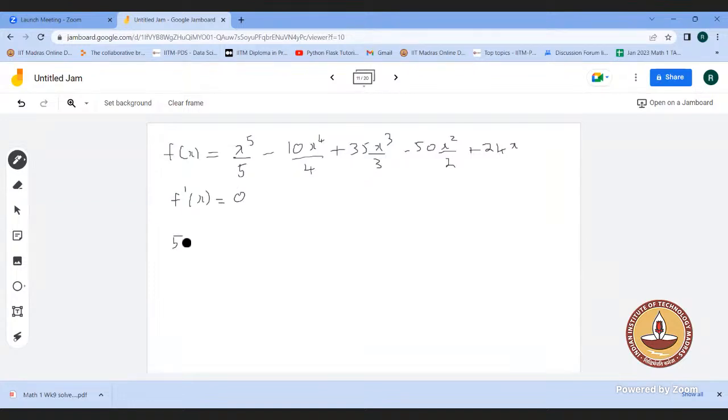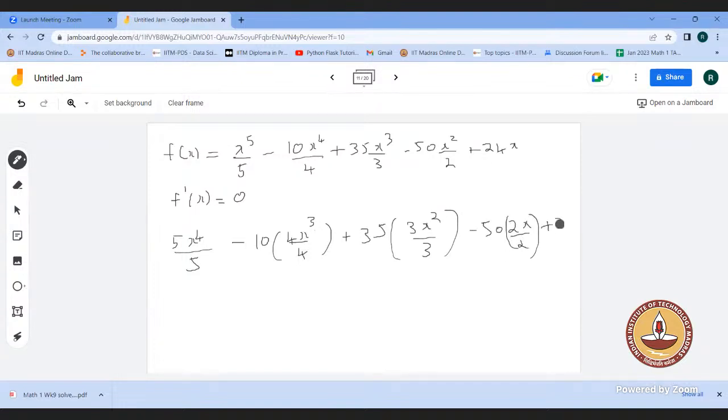5x power 4 by 5, this is 4x cube by 4, this is 35 into 3x square by 3, and minus 50 into 2x by 2 plus 24, right?